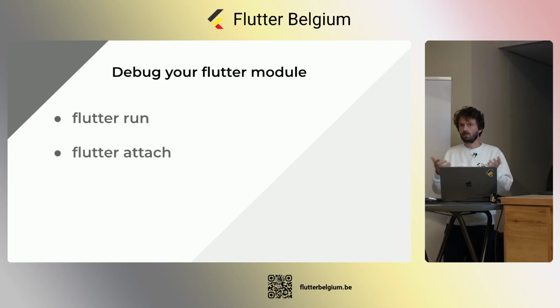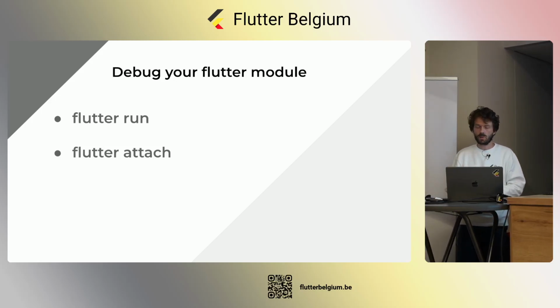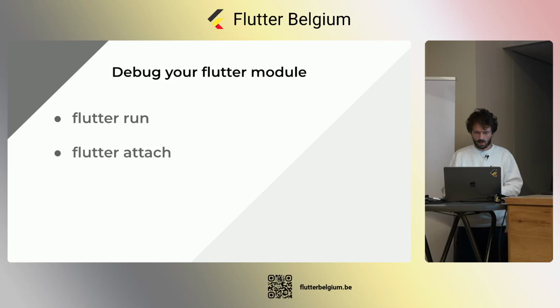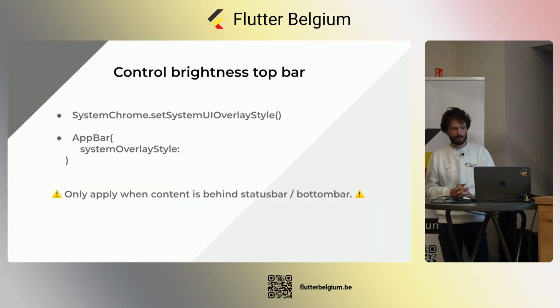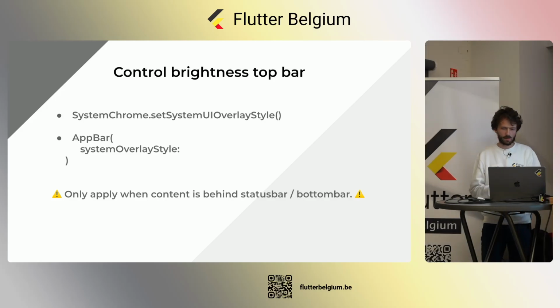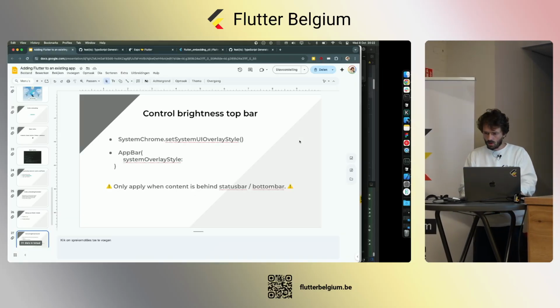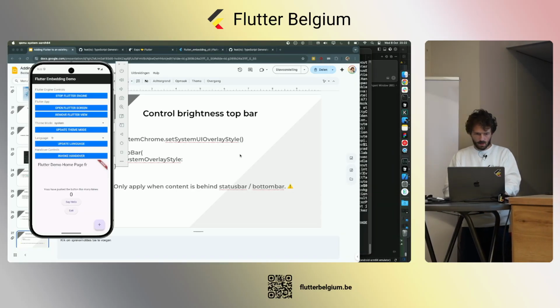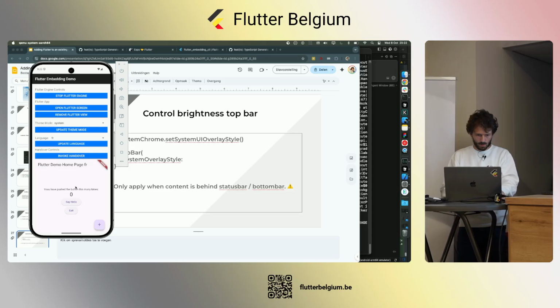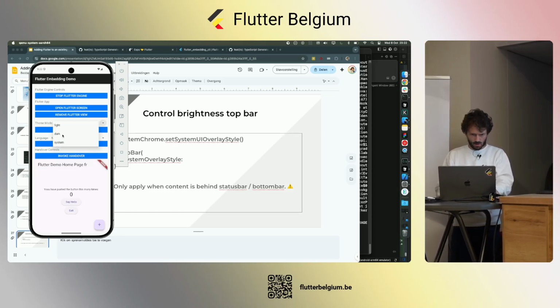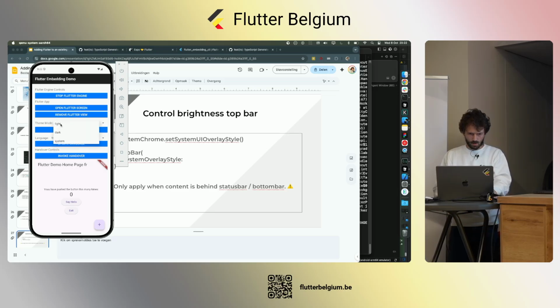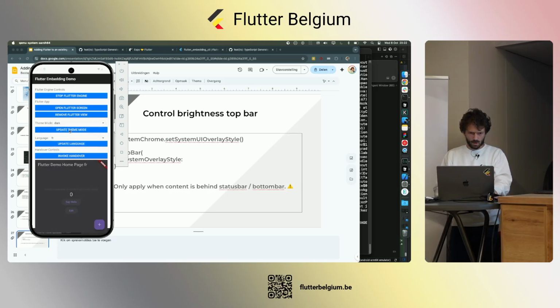You can just connect to it and you get the correct scope. Maybe also an important one, I can show you here. I did it wrong probably. If I change this to dark, you see at the top the icons are going away.